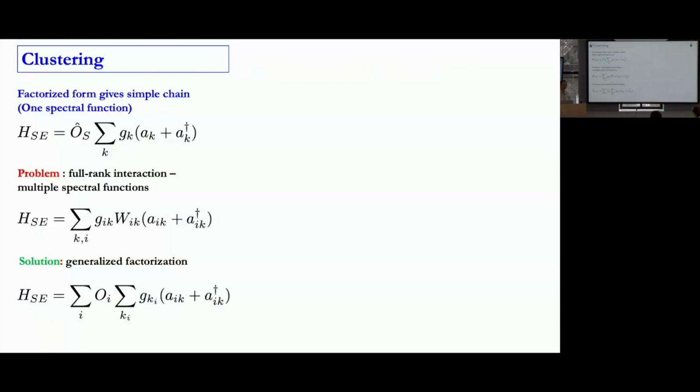The matrices, in principle, are different for each and every vibrational mode. We often talk about a full rank interaction there. And if we can't make this factorization, we can't just make a simple transformation onto the chain. There's no reduction into a cheap and easy to do format. So that looked like a problem.